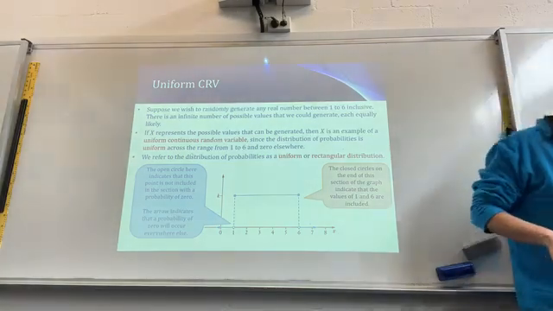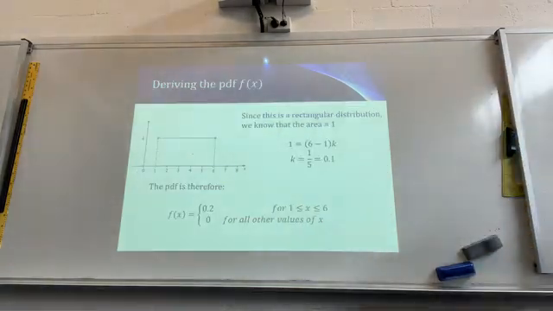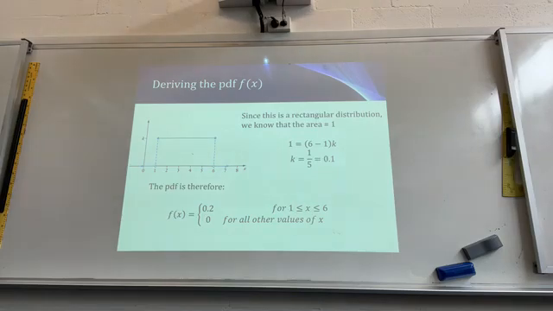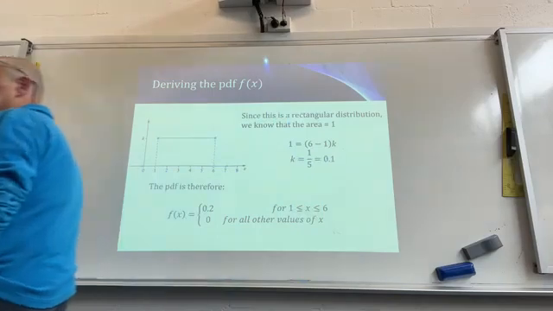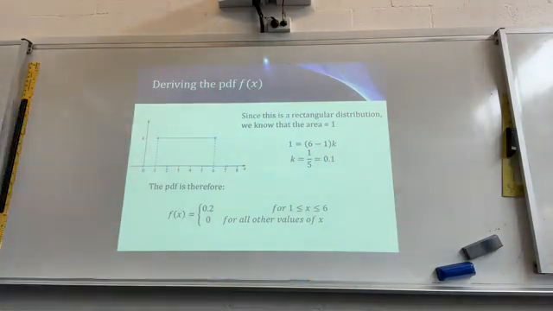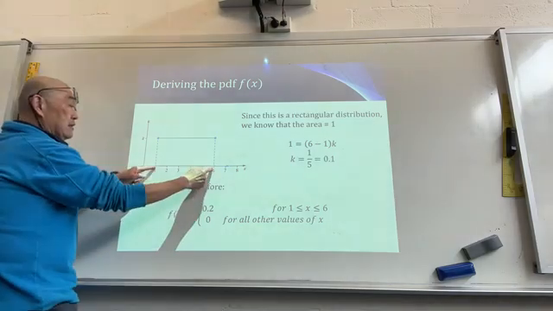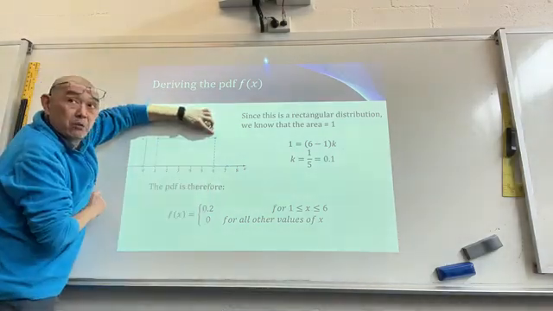Now, let's derive the probability density function of f(x). If this is a rectangular distribution, we know that the area is 1. That's the definition of a PDF: the area is 1. So we know that this times that equals 1.